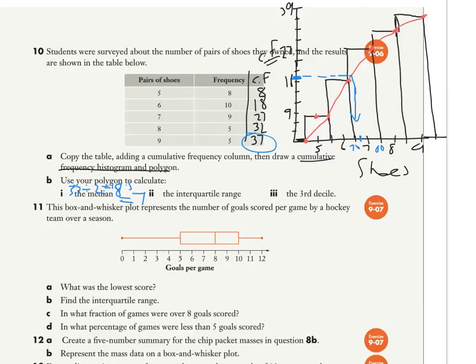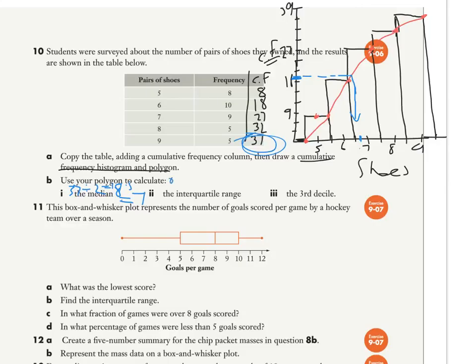Alright, now the interquartile range. The upper quarter is going to be 3/4 of our 37.